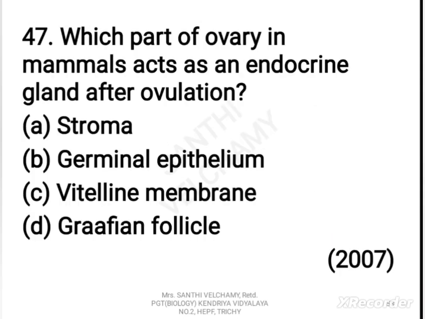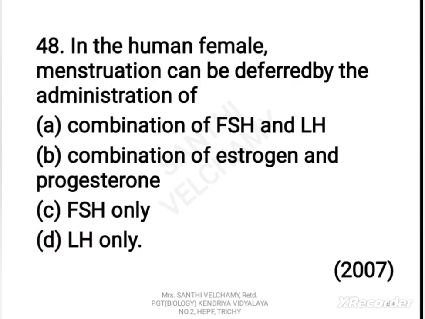Okay, next one. Which part of the ovary in mammals acts as an endocrine gland after ovulation? A. Stroma. B. Germinal epithelium. C. Vitelline membrane. D. Graafian follicle. The correct answer is D. Graafian follicle. Next one.